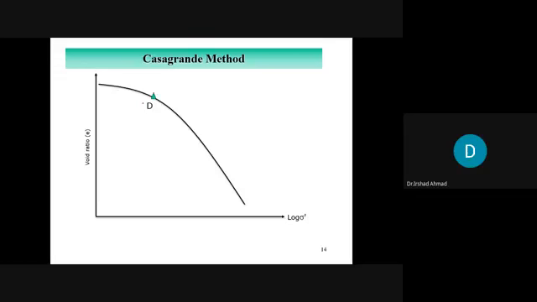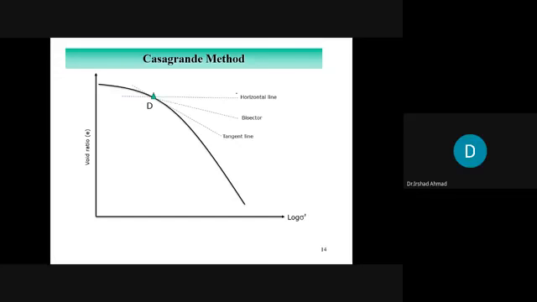Then you draw a horizontal line on this point D. Then you draw a tangent on the point D. Then you draw a bisector.